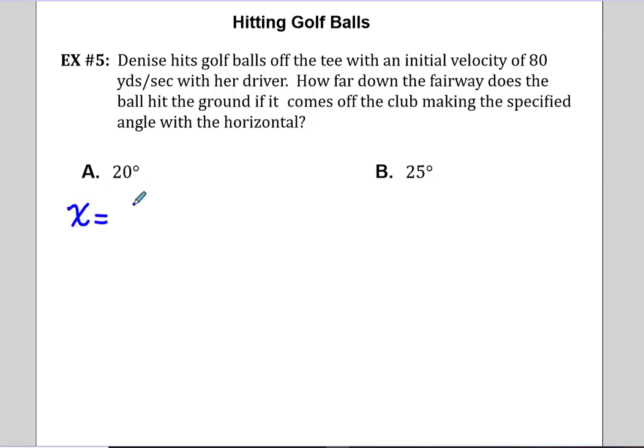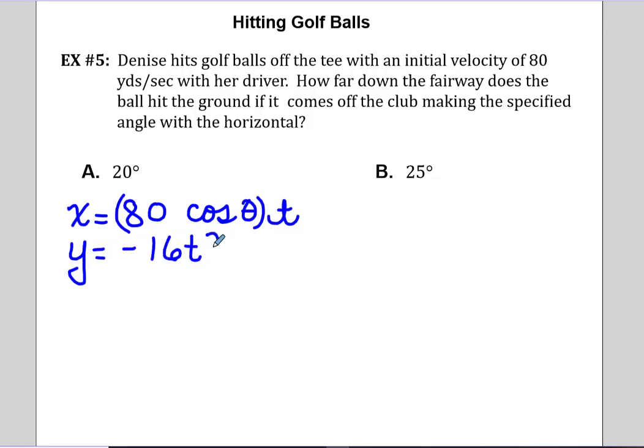So x is going to be 80 cosine theta times t, and the first one we'll use 20 degrees for our theta. And y is negative 16t squared plus 80 sine theta t, and it's being hit from the ground, so the ground is our initial height of 0.